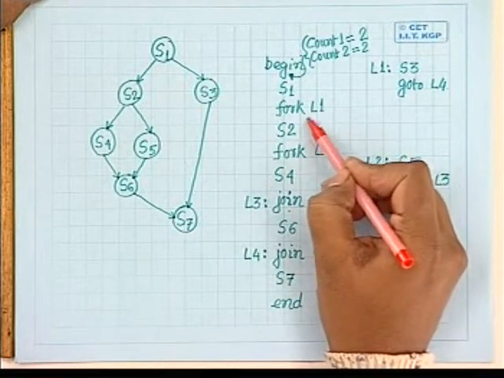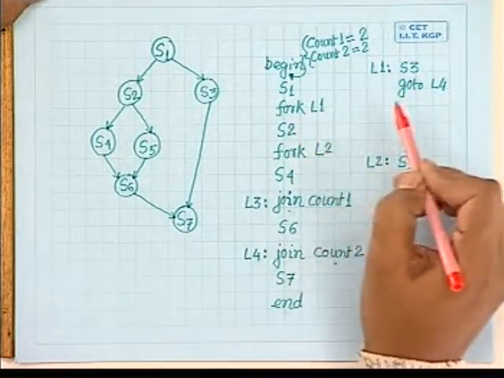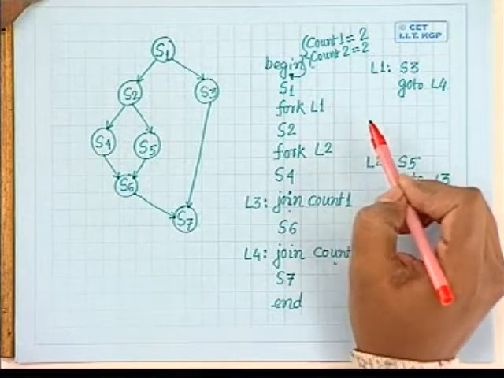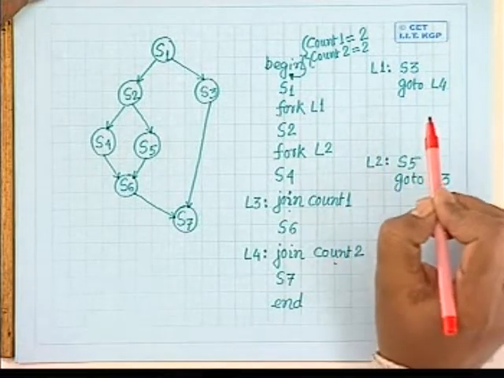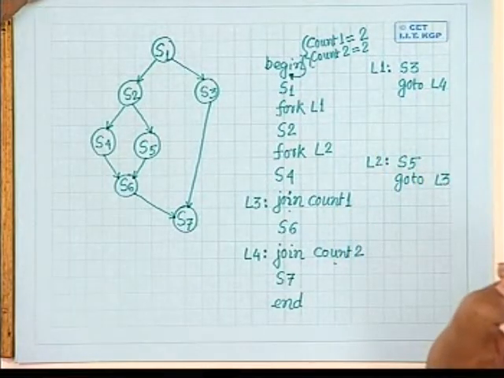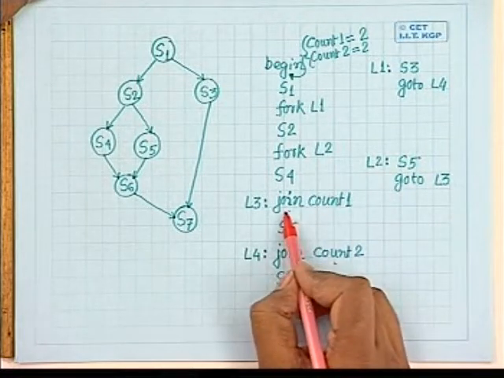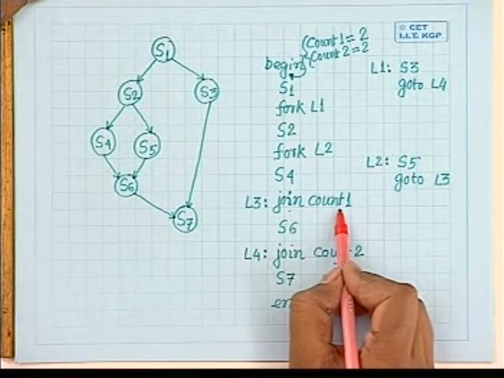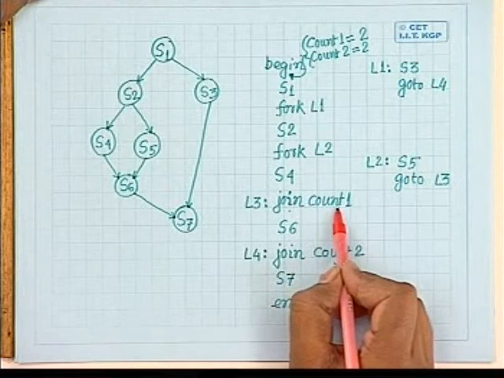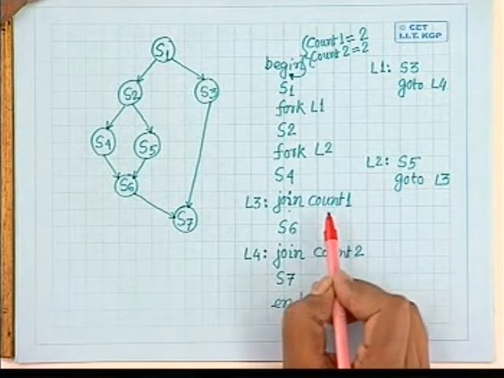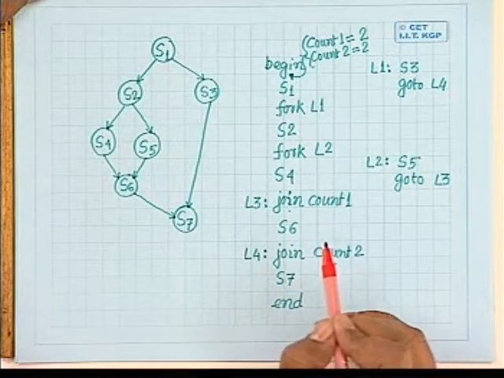Now when these two are to be joined, that means I want to have a single process which will continue with the rest of the operation, then I use this join statement. Join with count, where this count indicates how many processes are to be joined at this point.